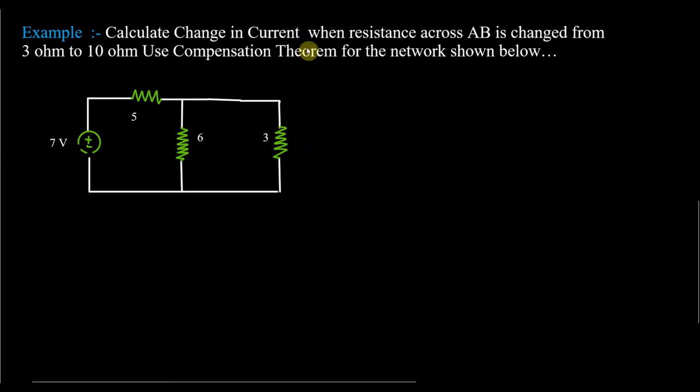They have given this point as A and this point as B, and they have asked what will happen when this 3 ohm is changed to 10 ohm. For that you have to use the compensation theorem.